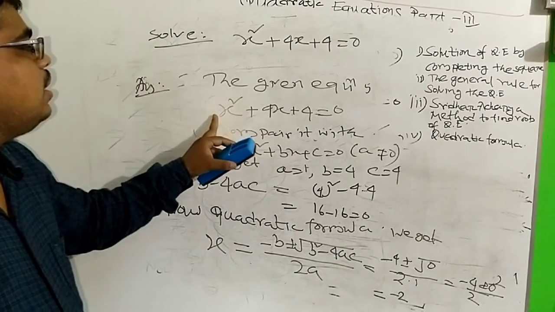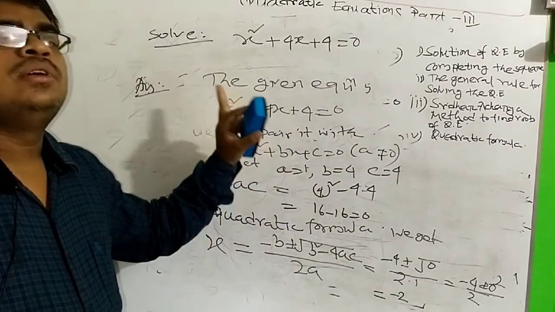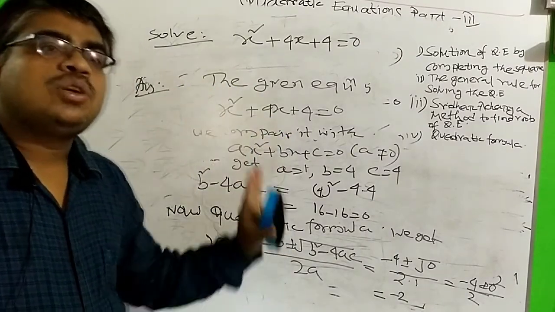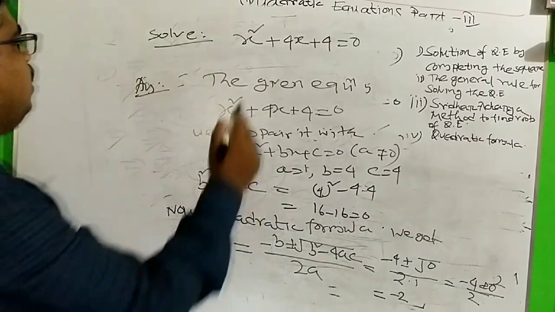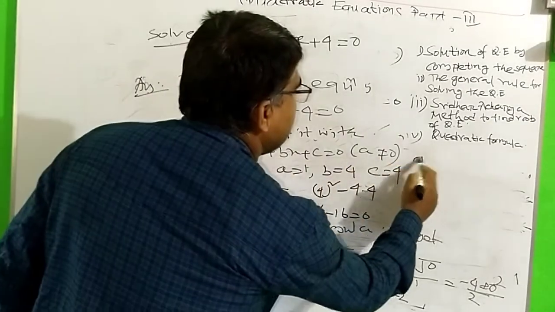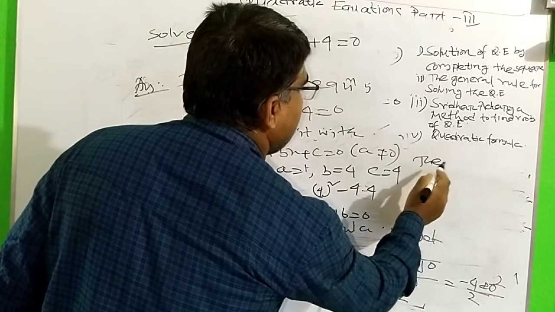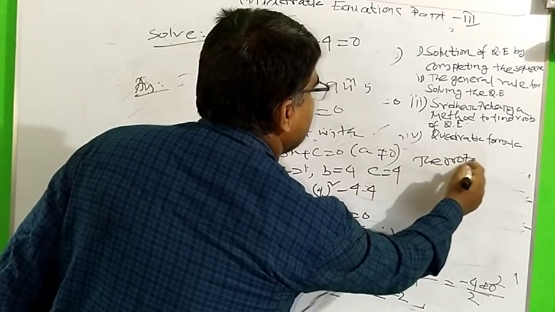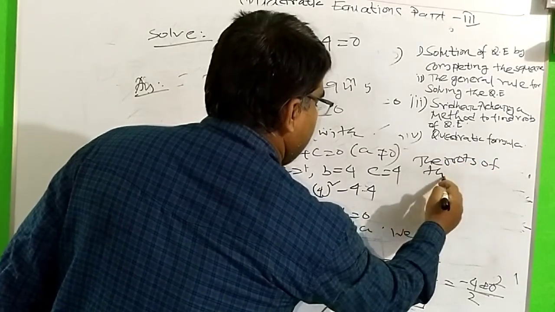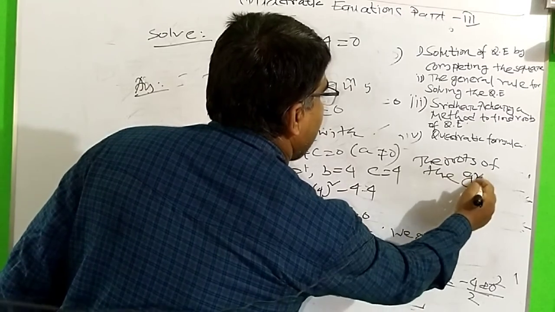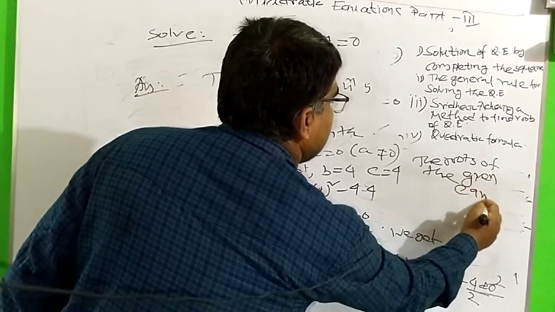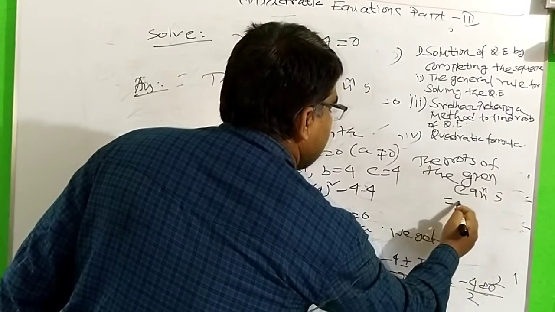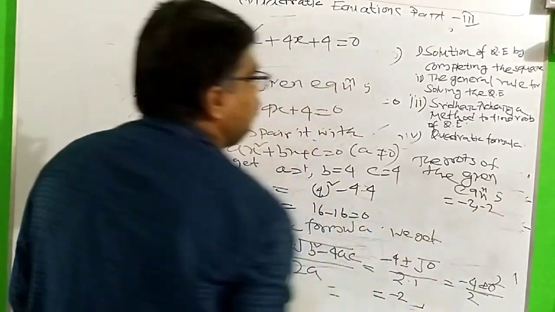Since this is a quadratic equation, it will have two real roots. The roots of the given equation are minus 2, minus 2.